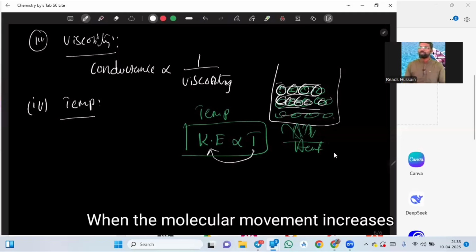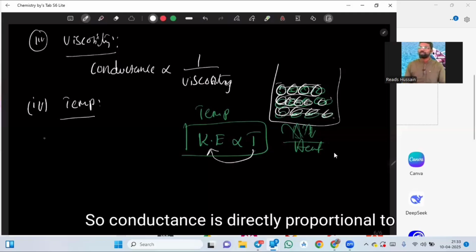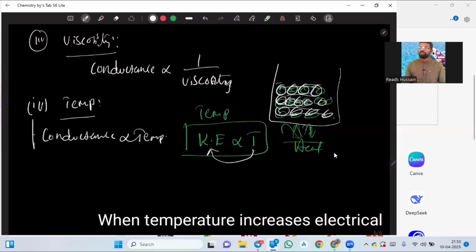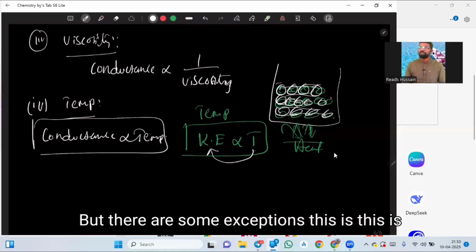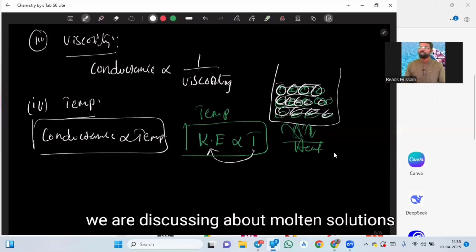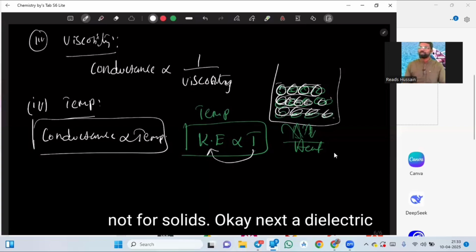When the molecular movement increases, conductance also increases. So conductance is directly proportional to temperature. But there are some exceptions. This is for molten solutions and liquid state, not for solids.